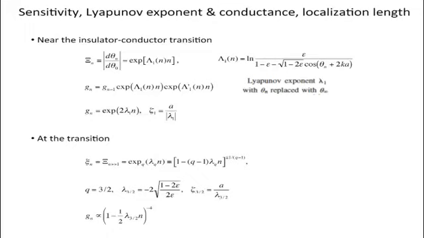And at the tangent bifurcation, when the system is no longer going to be insulating and is going to have non-zero conductance, it's in our mapping just a transition to chaos. And then the localization length will diverge because the Lyapunov exponent vanishes.